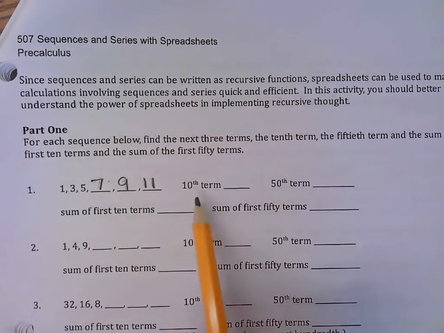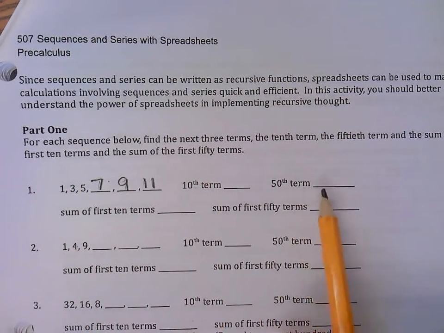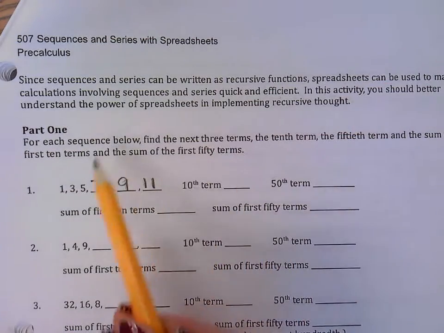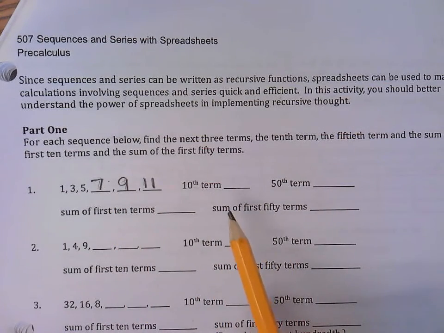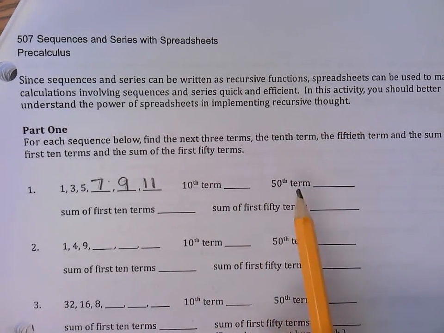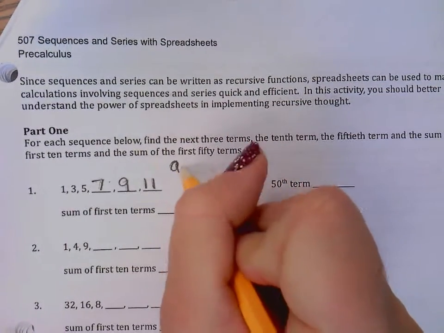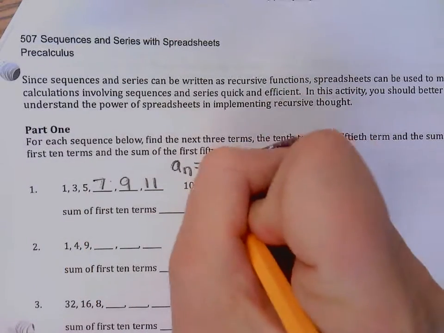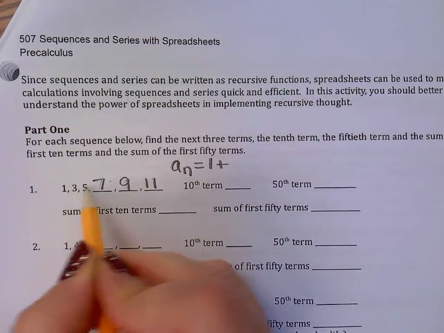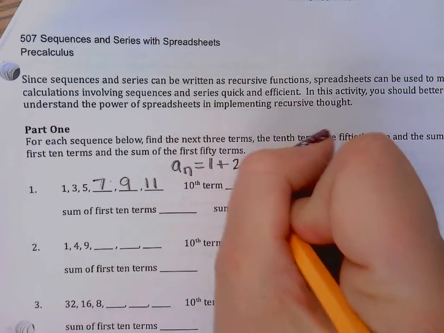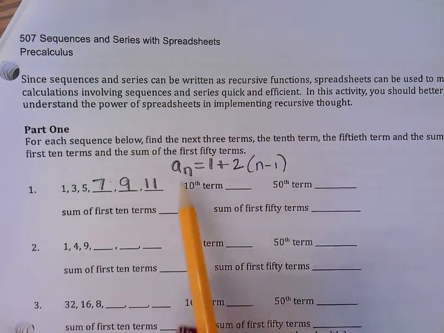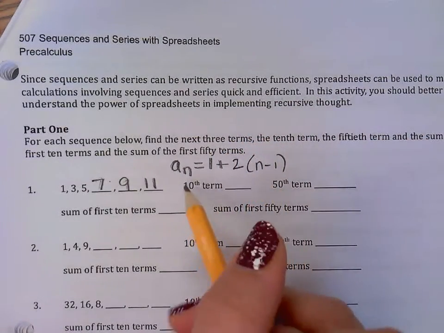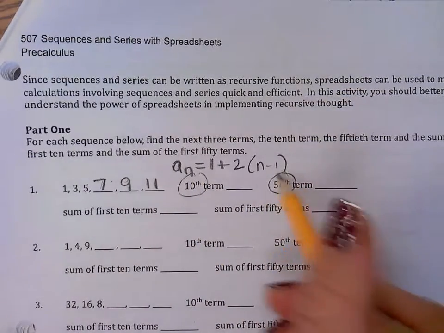To generate the 10th and the 50th term, I could just write out the sequence for myself and plug in 10 and plug in 50. So the sequence would be a sub n equals 1 plus 2 times (n minus 1). I can use that formula to generate the 10th and the 50th.